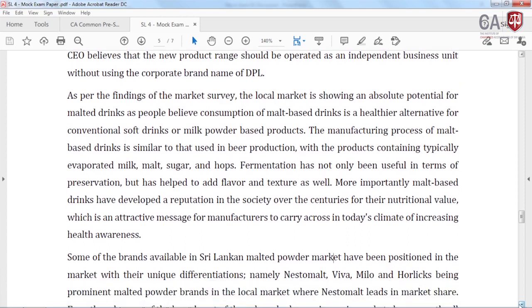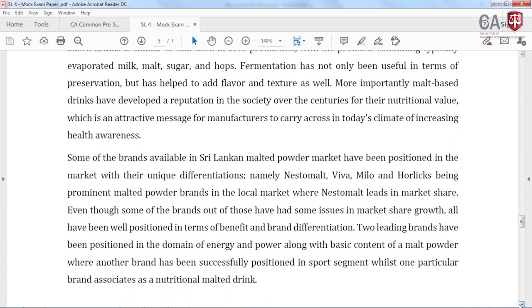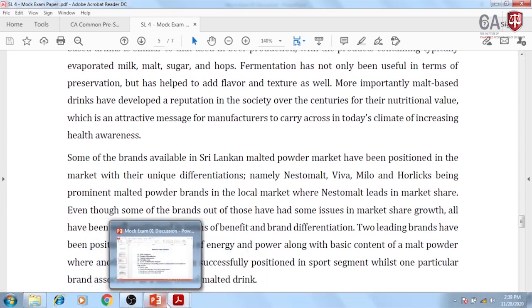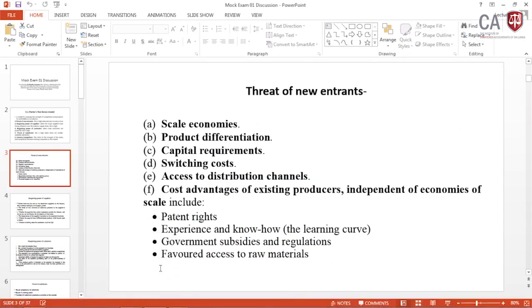Right. If you look at this information, what about the existing players? Do they have some economies of scale? Yes.